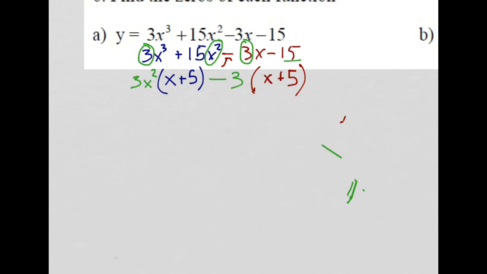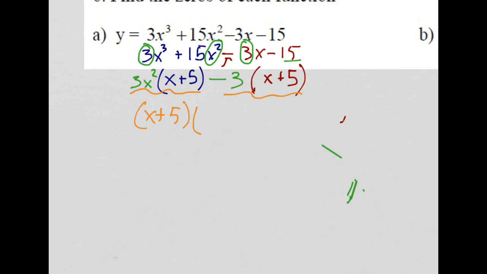Well, just like we did there, factoring out GCFs, I can factor out the GCF of those two terms together. So I'm going to pull out an x plus 5 from each of these two terms, because it exists in both of them. Now ask yourself, if I have an x plus 5, what do I need to multiply that by to get back to where I started?